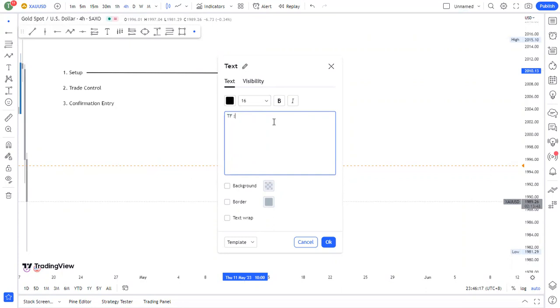Before that, let's go to the components first. Buy setup is engulfing buy and engulfing fail to buy. Sell setup is engulfing sell and engulfing fail to sell.